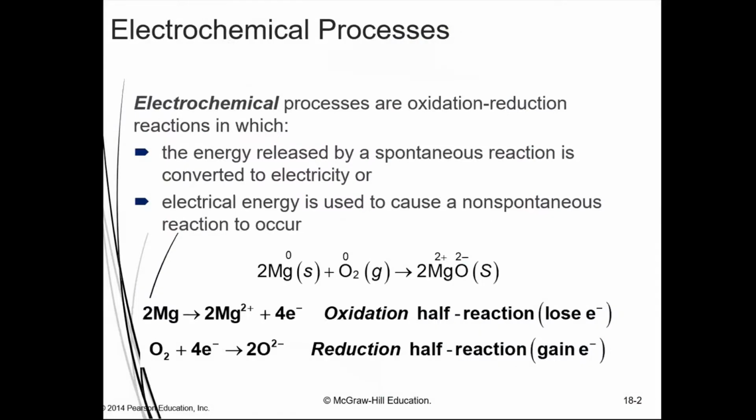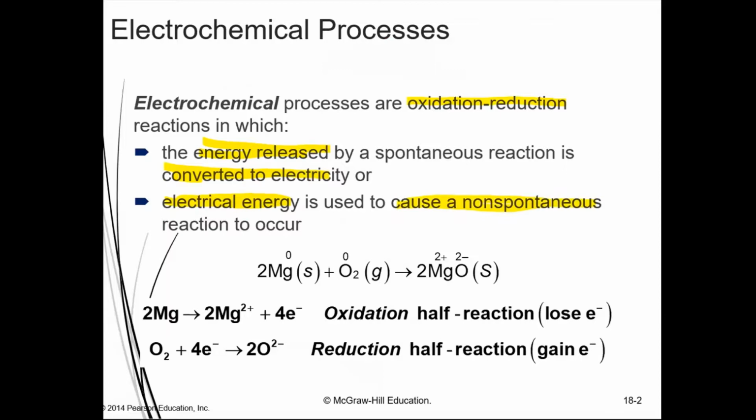So electrochemical processes are any oxidation-reduction reaction, which means that we can either do this spontaneously, where we release energy, and that energy is converted to electricity, or we can use electrical energy to cause a non-spontaneous reaction to occur.